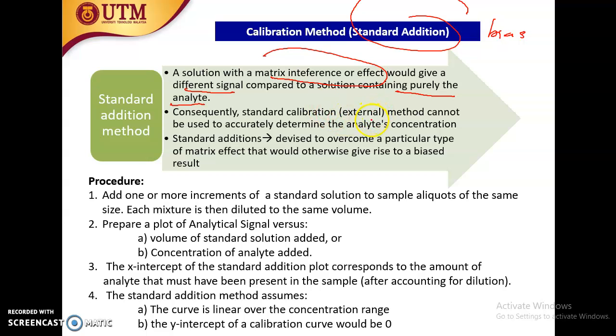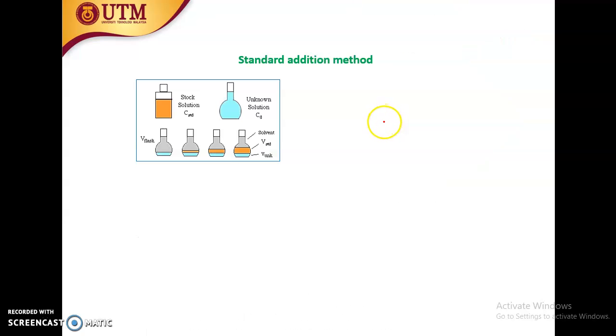How do we do standard addition method? Let's see, the same thing. You will have 5 volumetric flasks, same. You put your unknown solution X inside here, same volume.